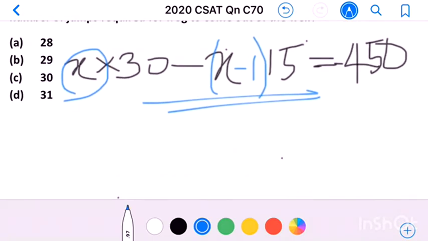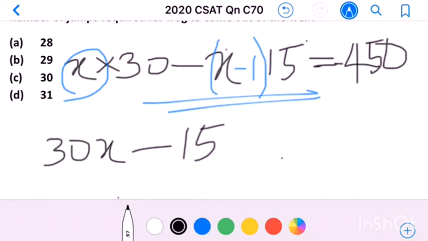x into 30 we can write as 30x. x into 15, 15x. Minus 1 into minus 15, here we get 15. This is equal to 450.